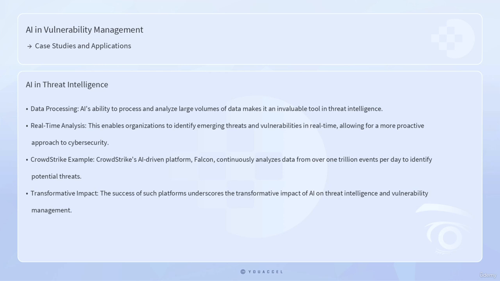Their AI-driven threat intelligence platform, Falcon, continuously analyzes data from over 1 trillion events per day to identify potential threats. This real-time analysis has enabled CrowdStrike to detect and mitigate threats with unprecedented speed and accuracy. The success of such platforms underscores the transformative impact of AI on threat intelligence and vulnerability management.